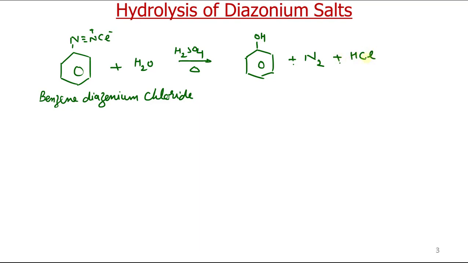So that is the reaction. This is how we can synthesize phenol from diazonium salts. Basically, it is acidic hydrolysis. So let us move to the next method by which we can synthesize phenol.